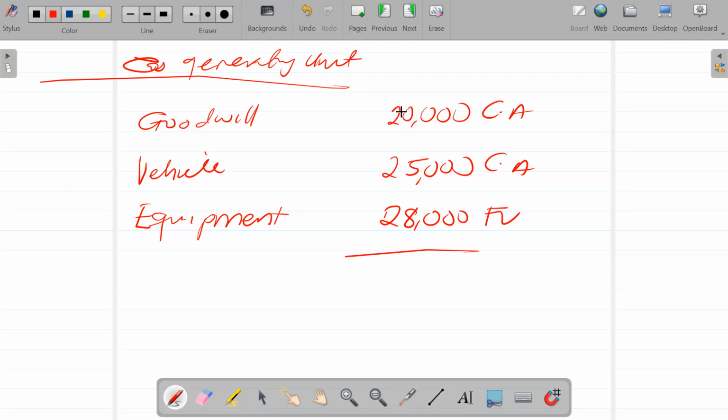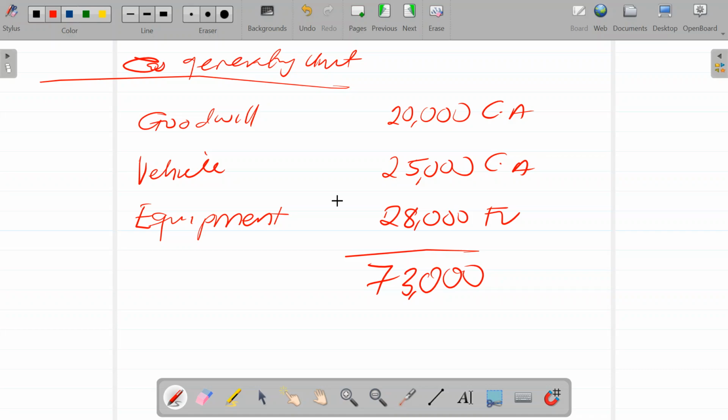Okay, so can you do this math for me? 20,000 plus 25,000 plus 28,000. So how much are we getting? So this will give us 73,000.